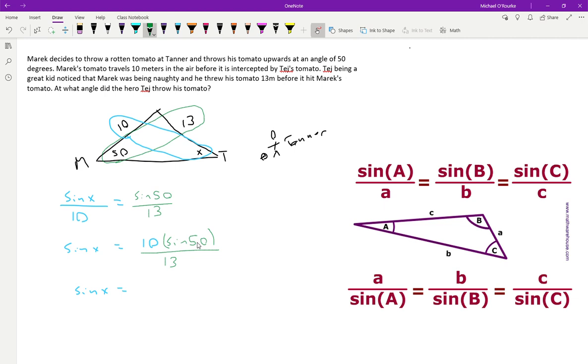So what did you guys get for this part so far? 0.59, good. Now what is my last step? What do I have to do? Oh, is that the answer? What button did you press, Lawrence, to get that answer?